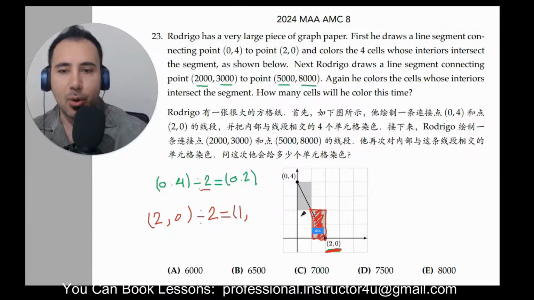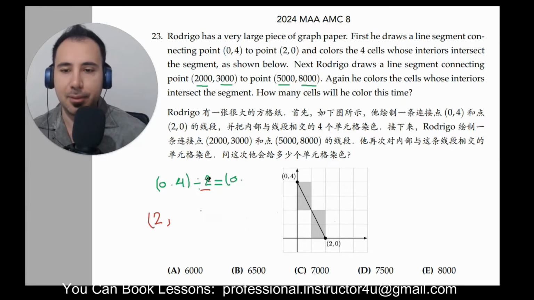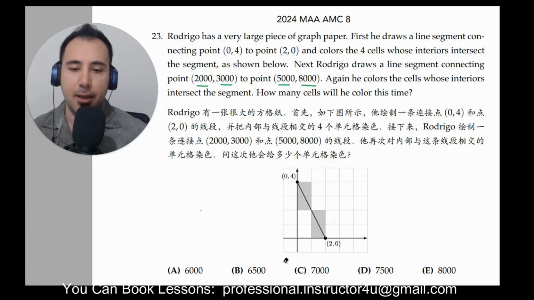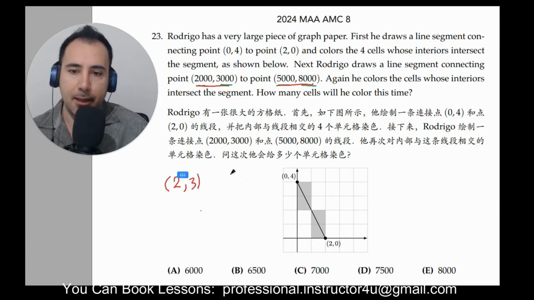And then we multiply it back by 2. Okay, so we just checked that simplifying this would actually work. So instead of working with these big numbers, all we have to do is work with 2, 3, the first point, 5, and 8 on the next. We're going to find the answer, and then we're going to multiply it by 1,000.